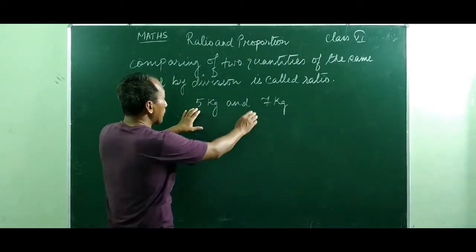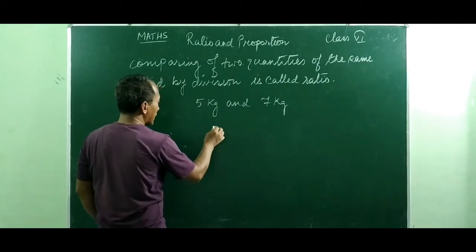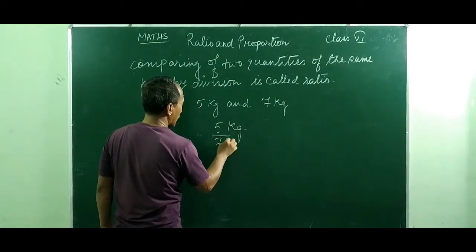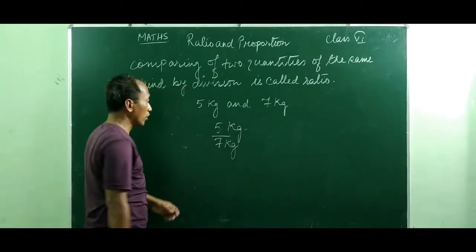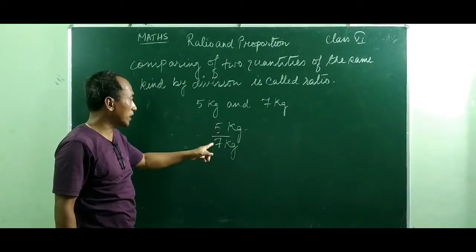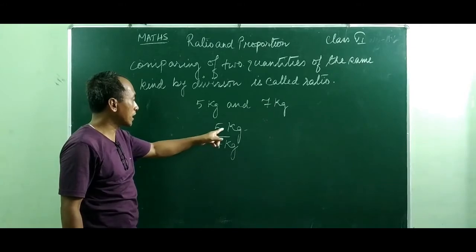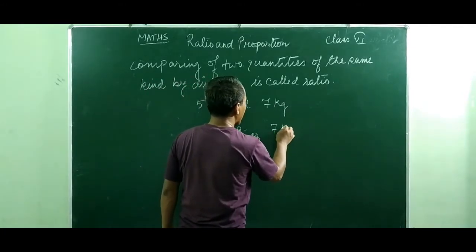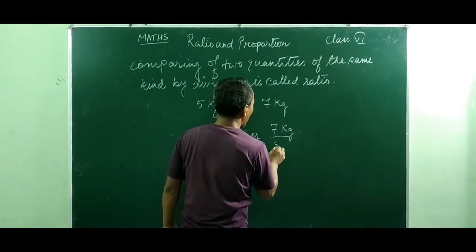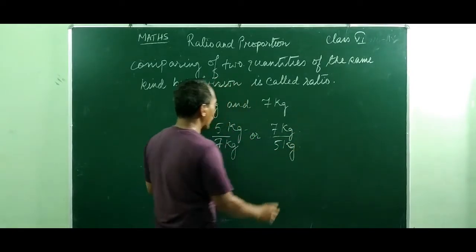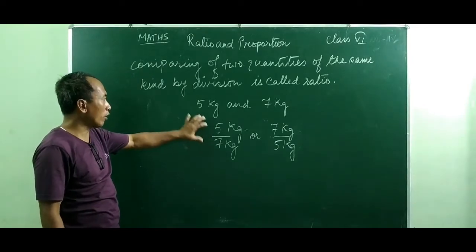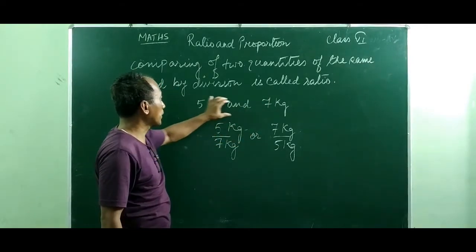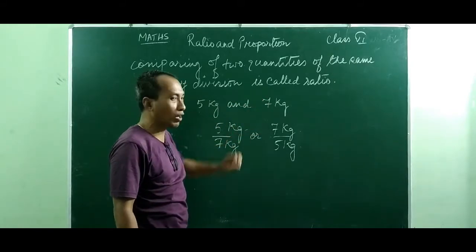So if we compare these two by division, 5 kg by 7 kg, or you can compare 7 kg by 5 kg, this is called as ratio. Comparing of the two quantities by division method is called ratio.